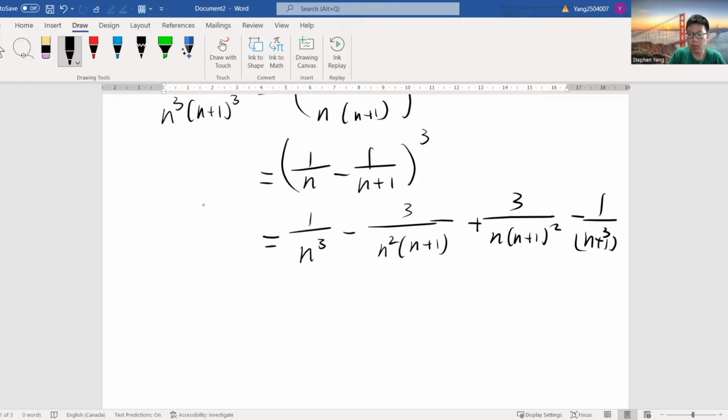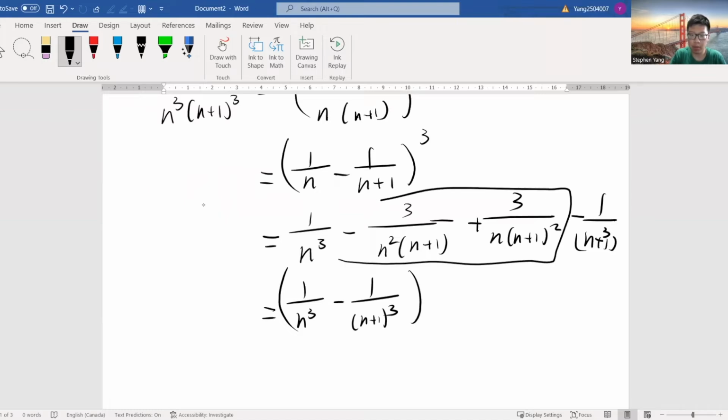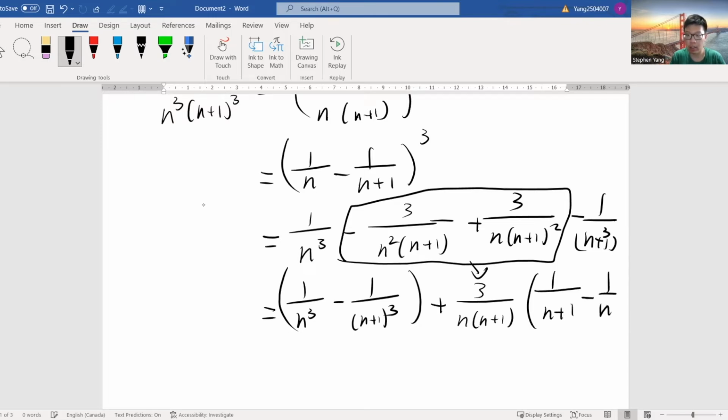Now we can group like terms together. So this is equal to 1 over n cubed minus 1 over (n plus 1) cubed. And the middle two terms, we can write as plus 3 over n times (n plus 1), multiplied by 1 over (n plus 1) minus 1 over n.